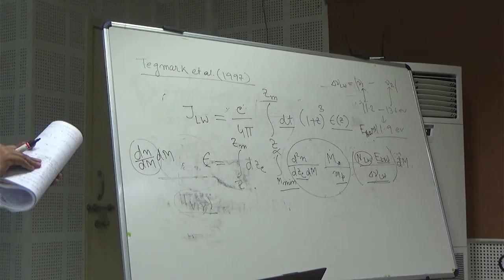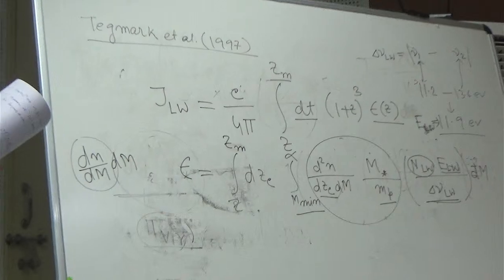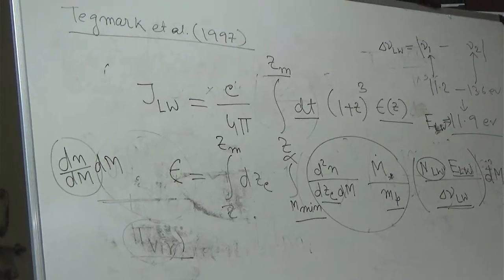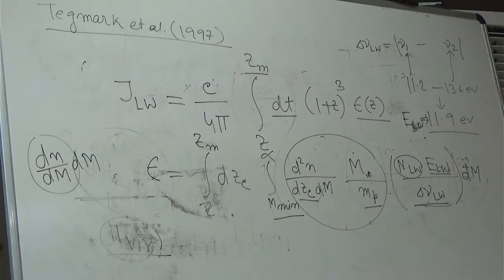So yesterday I discussed it, right? Let's say you have some photon emitted at some redshift z prime, and you want to calculate the Lyman-Warner band. If the emitted frequency is higher, it will be redshifted into the Lyman-Warner band, and using that criteria you can calculate the maximum z.